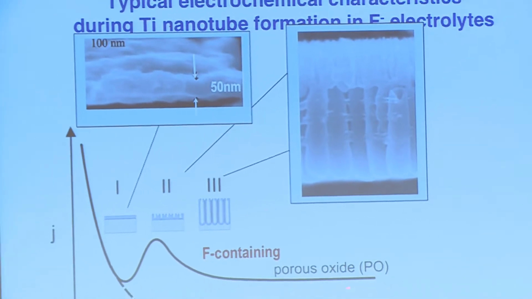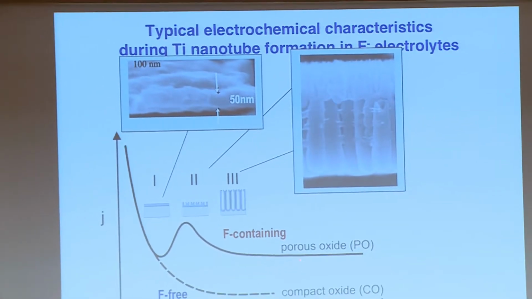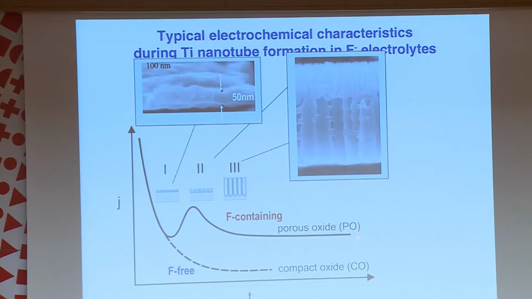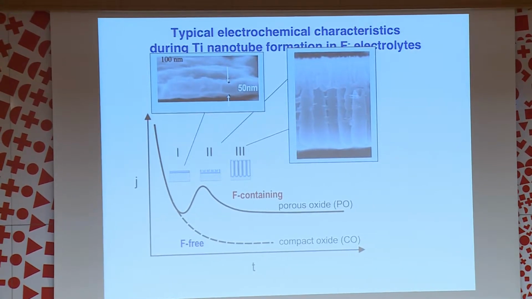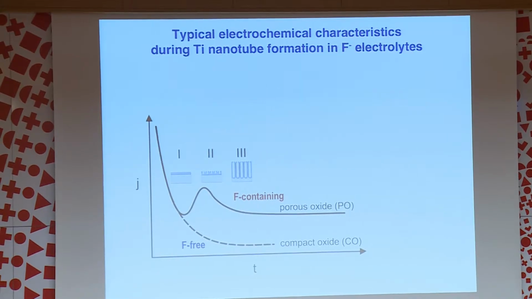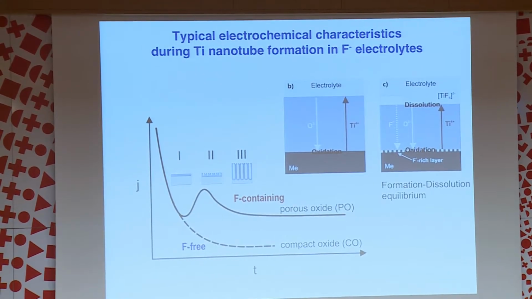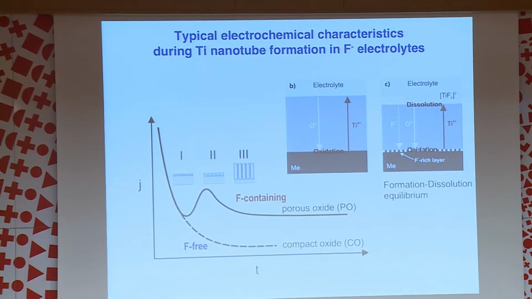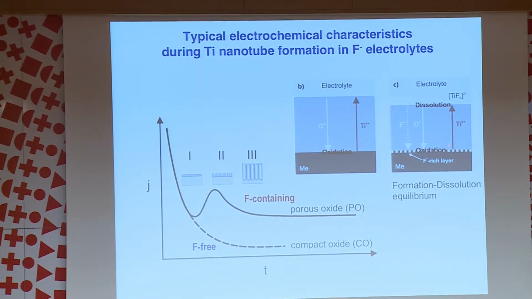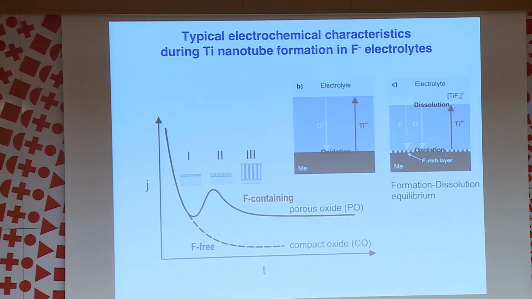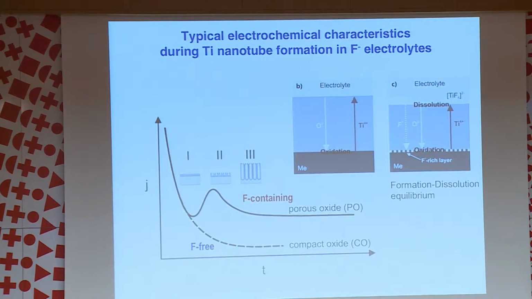Now, you can see already one effect of the fluorides is that you have much higher current density here. So there's a steady state value where permanently current is flowing and oxide is produced. So the main effect of fluorides in the electrolyte is that they maintain a steady state thickness of the oxide layer at a level that is lower than the finite value that would correspond to the compact oxide layer.